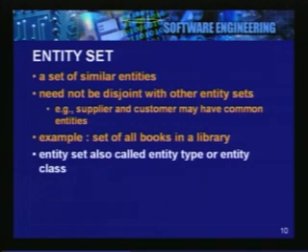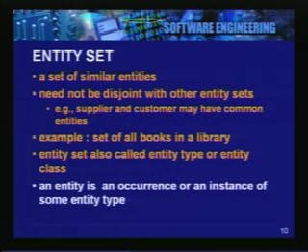Entity set is also called entity type or entity class. These are alternative terms for the same concept called entity set. An entity therefore is an occurrence or an instance of some entity type. So, student is an entity set or an entity type, whereas Ganesh is an occurrence of student, or Ganesh is an instance of student.